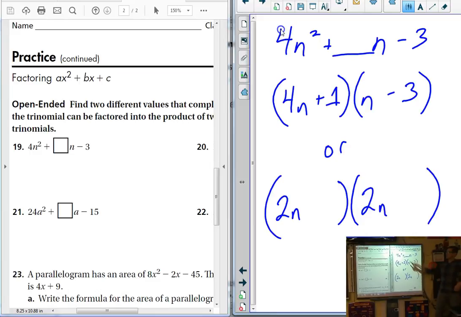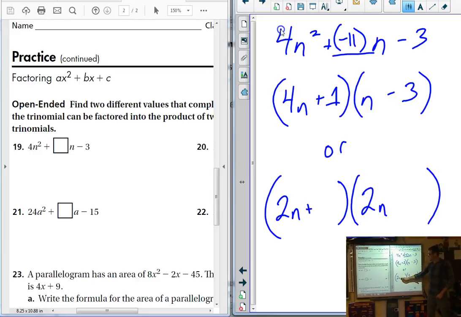Does that work to get my 4n squared? Does that work to get my negative 3? Then what does the middle coefficient have to be? Well, negative 3 times 4n, negative 12n plus n, if we use the 2n and the 2n.